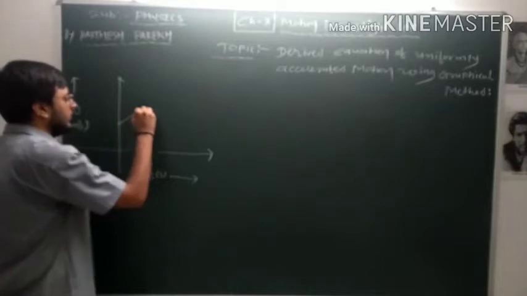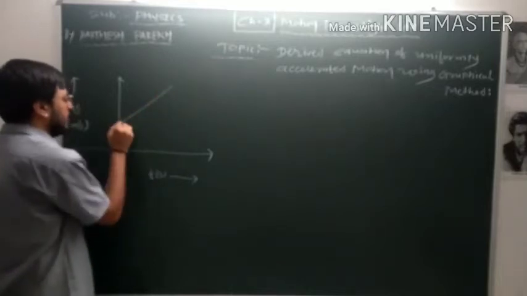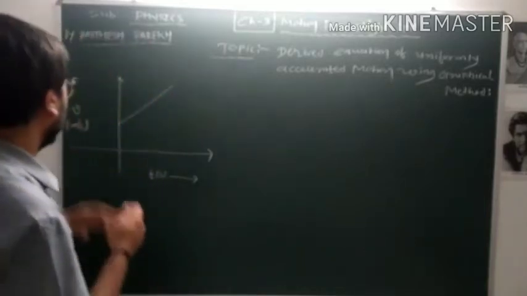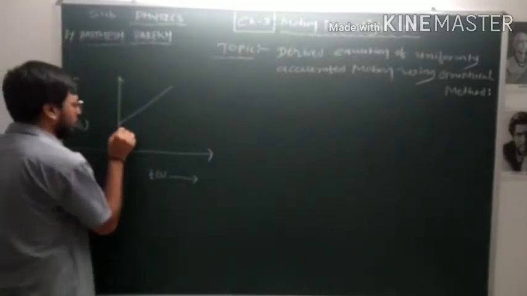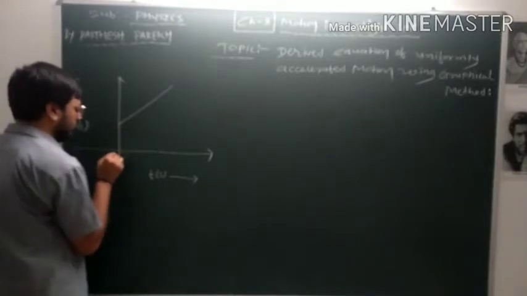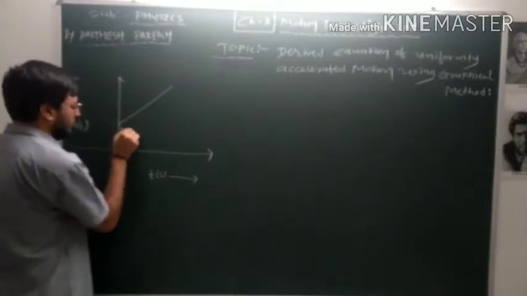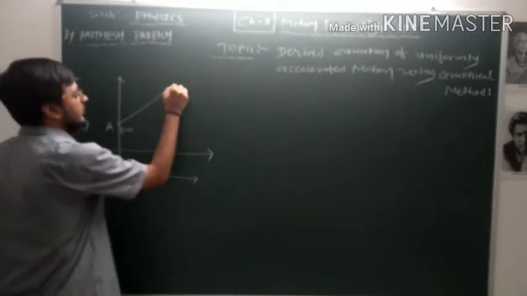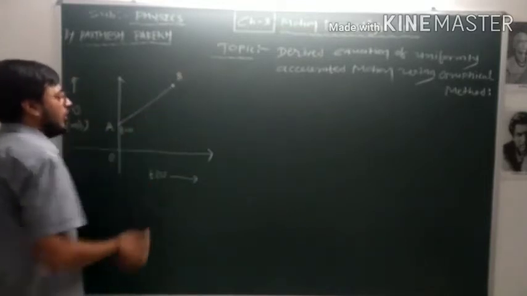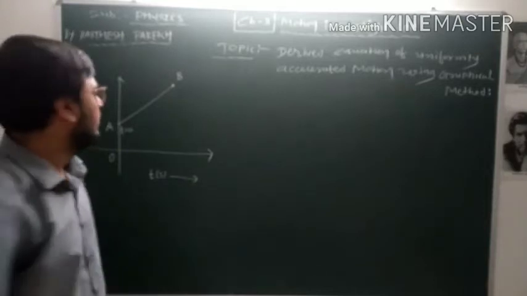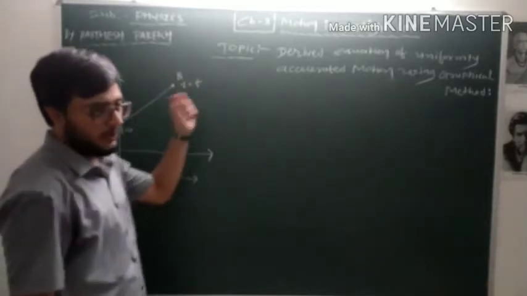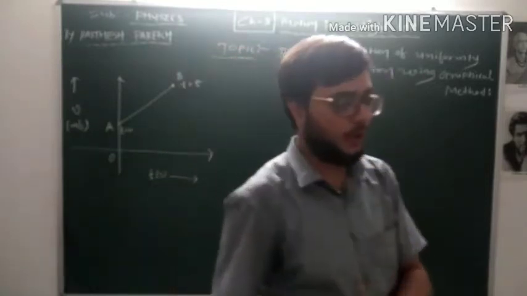Suppose t equals 0 at the point A, and this is B. So the object moves from A to B. Suppose t equals t when the object reaches point B.